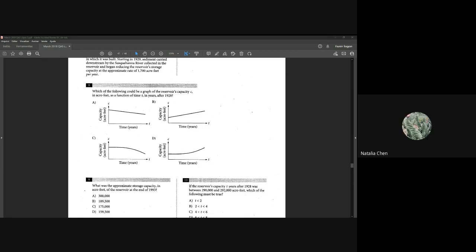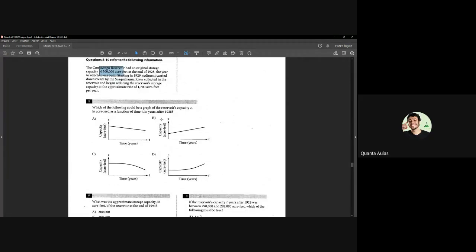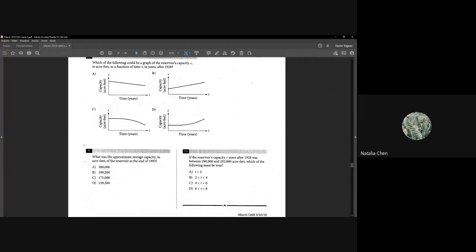Não, mas quantos acres? Pode subir um pouquinho? Claro. 300 mil, né? Tá bom, pronto. Então é B. Facinho, né?